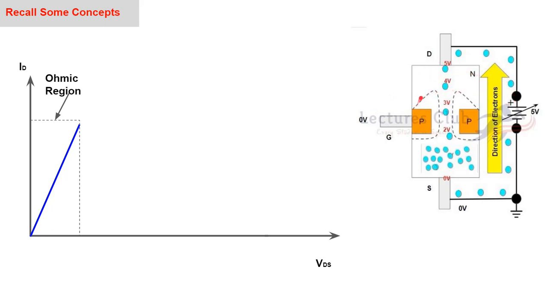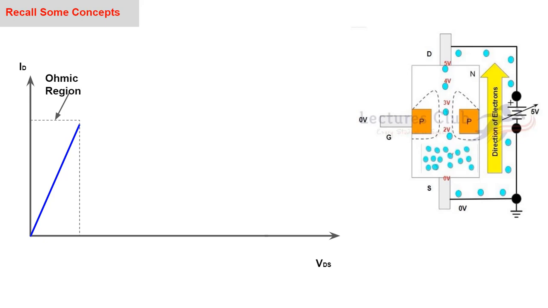So the depletion region will increase in the reverse bias condition. When you keep on increasing the drain to source voltage, this depletion region will increase, and ultimately it will put an impact on the width of the channel. When the depletion region is increasing, the width of the channel is decreasing.